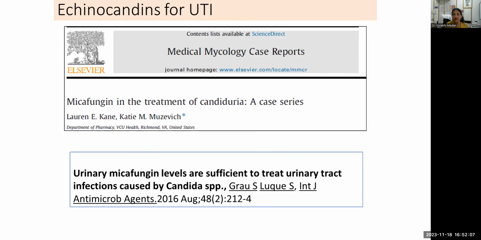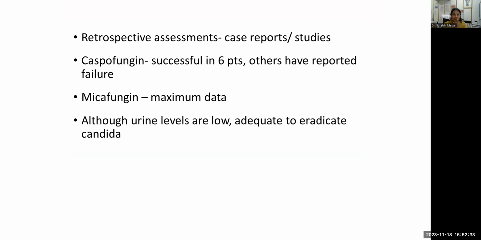And as we know, echinocandins usually are not considered as very good drugs for urinary tract infections because of suboptimal levels. However, there are case series and case reports of micafungin being used in UTI. And there are in vitro reports as well, where urinary micafungin levels have been found sufficient to treat urinary tract infections caused by Candida.